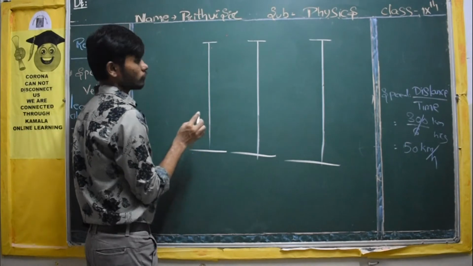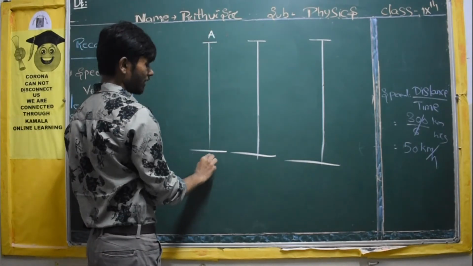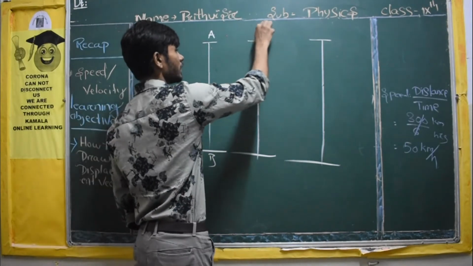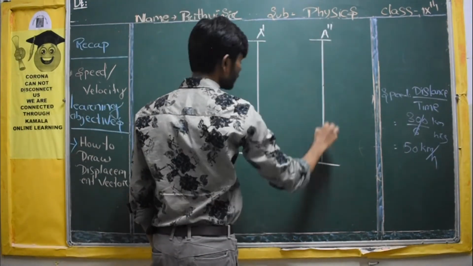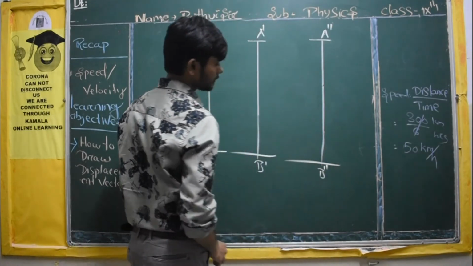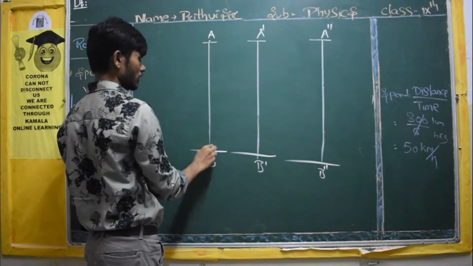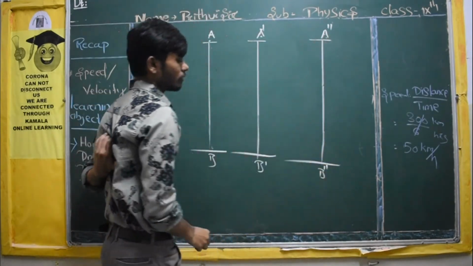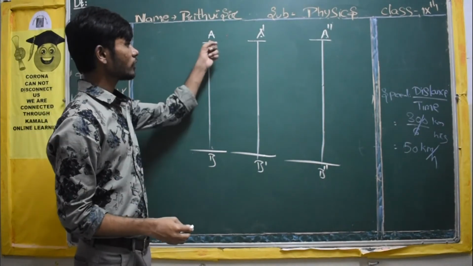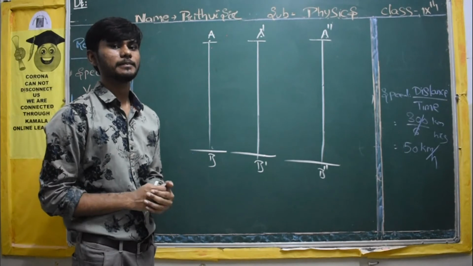Okay, students. We will make groups. Suppose this is point A, B. This is A1, B1. This is A double dash, B double dash. We need 6 students. Three of them are standing at point A, and we will tell them to run.